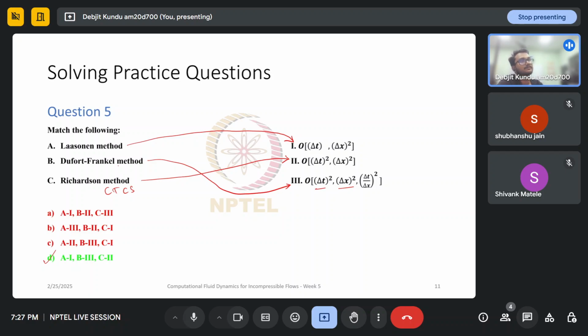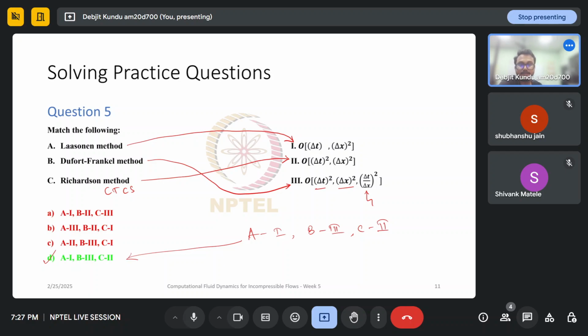But due to the modifications introduced in it, one additional error term comes, which is of the order of delta t over delta x squared. So that's why the correct answer should be A1, B3, C2, which matches with option D.